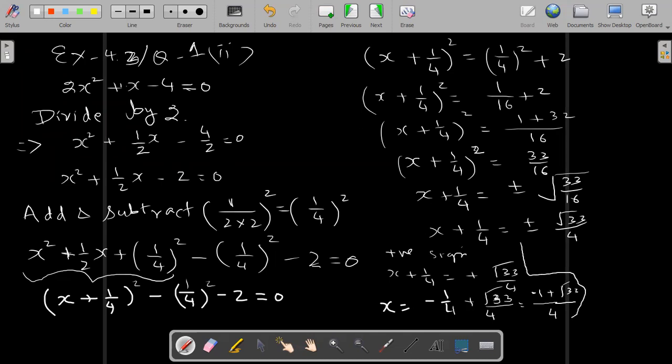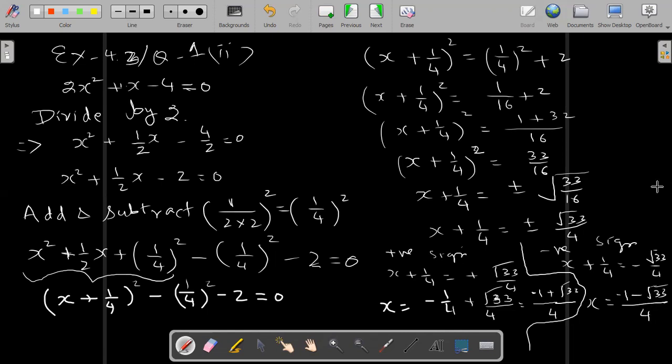Okay. And when we take the negative sign, x plus 1 by 4 is equal to minus under root 33 by 4, and this will go to the right hand side and become minus. So the answer will be minus 1 minus under root 33 by 4.